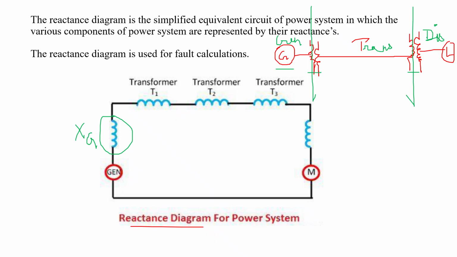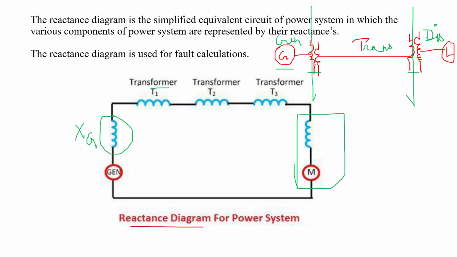The transformer will also have a reactance, given here. If there are different transformers connected in series, it will be connected like this, and it completes with the load. This is the reactance of the motor, and then we complete this reactance diagram.